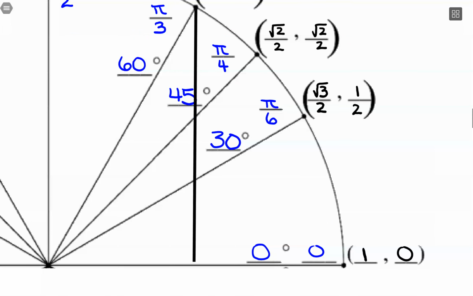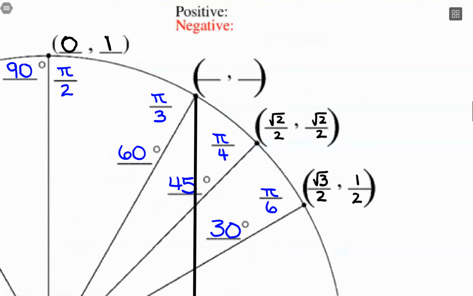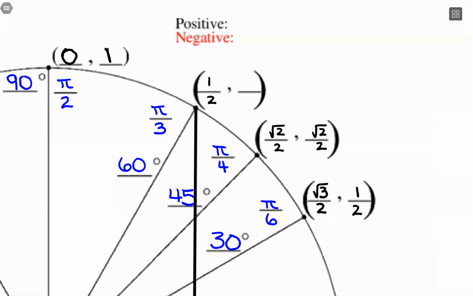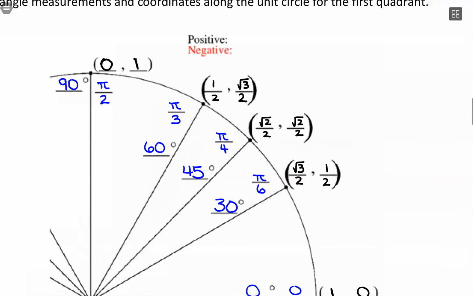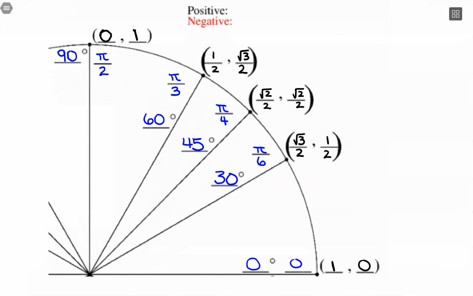So we would have our short side for x, long side for y, which would mean we would have 1/2 for x, root 3 over 2 for y. With that, we can fill in these numbers, we have those angle measurements, and then using those two triangles, we can fill in those numbers.